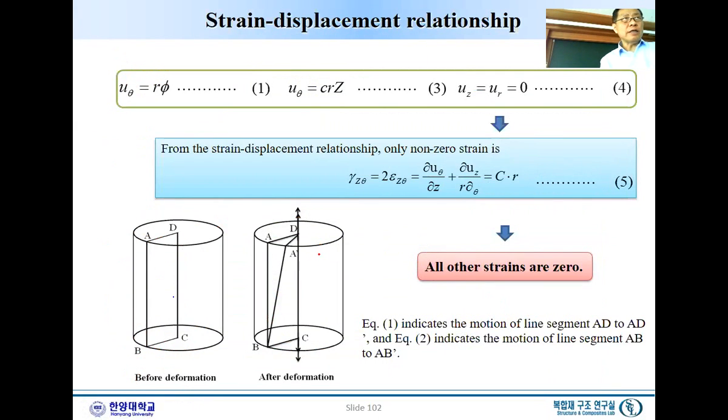So this observation can be written as an equation: U_R equals 0, U_Z equals 0, and the most important term, U theta equals some proportional constant C times R times Z. Okay, so this is a geometrical description, and these are mathematical expressions. So that is the same thing. So when you apply torque to a shaft, this is the deformation we have.